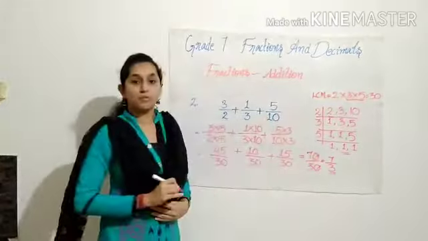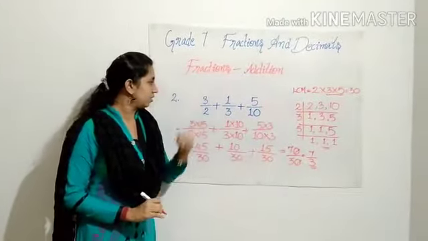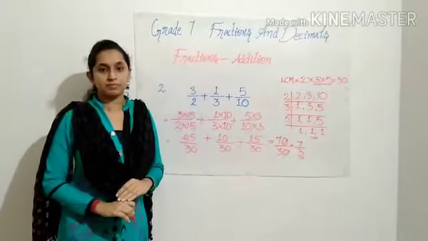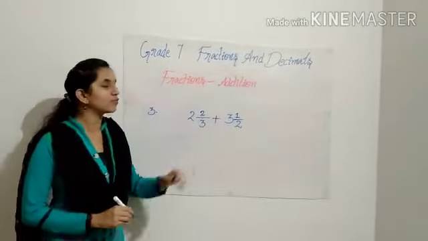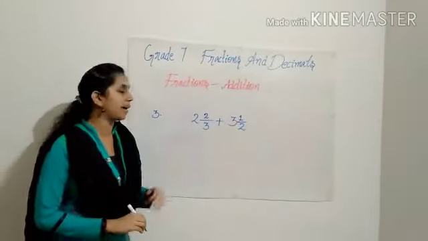That is how to find the addition of 3 unlike fractions by finding the LCM. Let's check the addition of two mixed fractions. 2 by 3 plus 3 1 by 2.